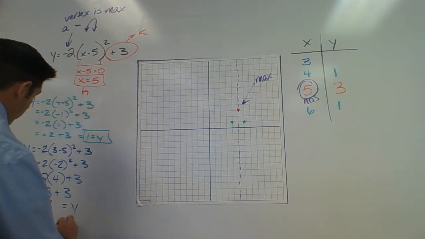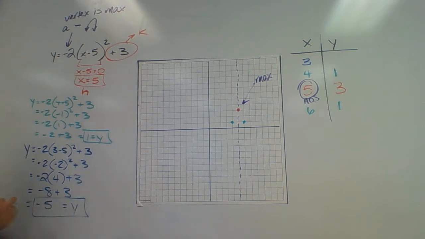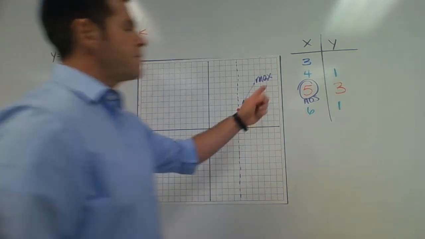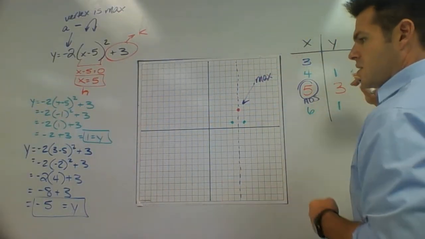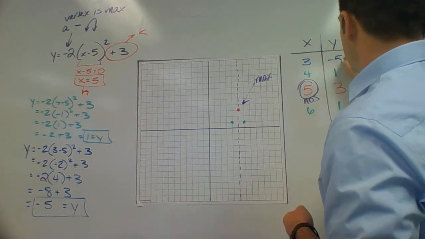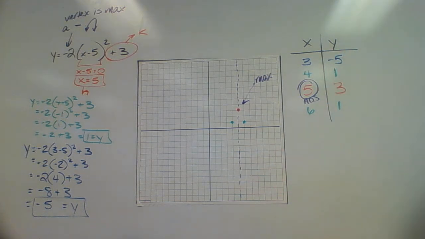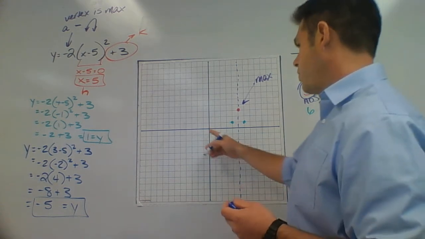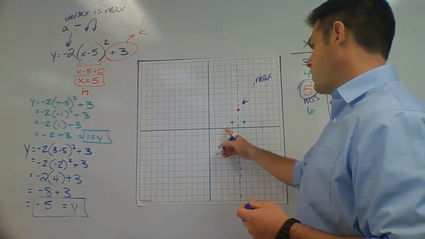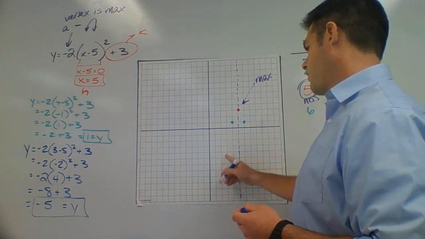So I have, when my x value here was 3, my y value was -5. I'm going to go ahead and plot that point over 3, and then I'll go down 5. 1, 2, 3, 4, 5. There it is.